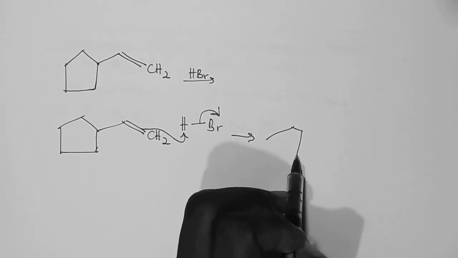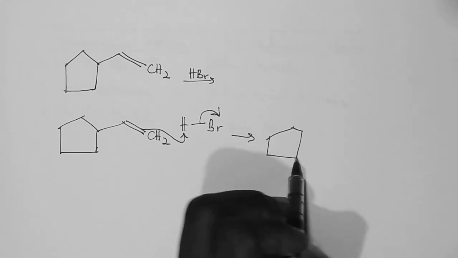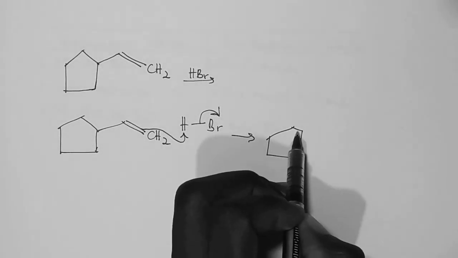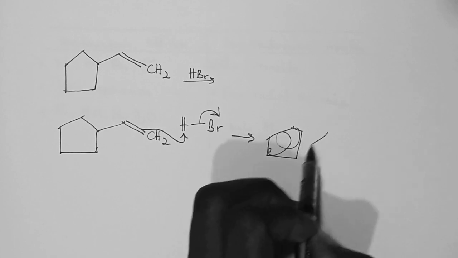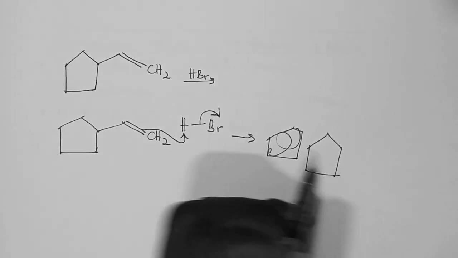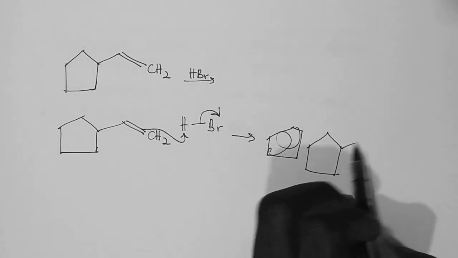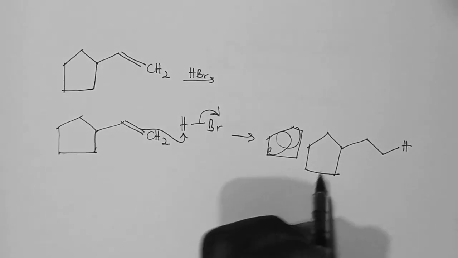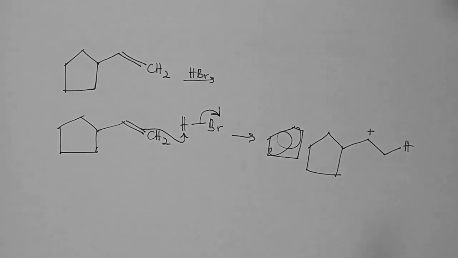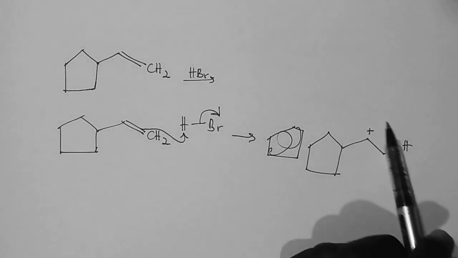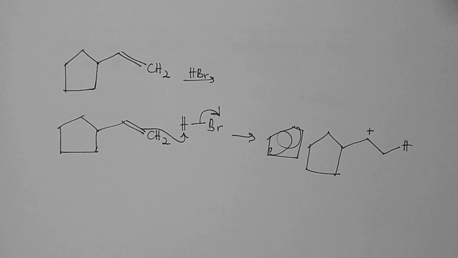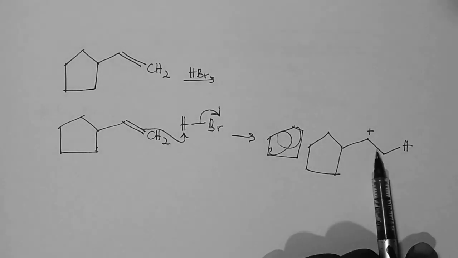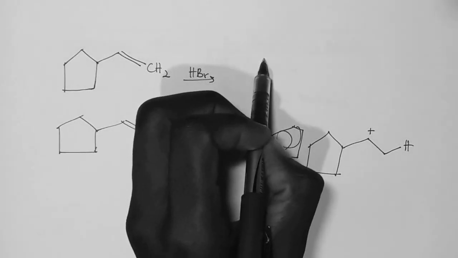So we will form this intermediate. So the proton is here, and then we will create a carbocation at this point. Now, will the Br attack this molecule at this point to give us this product?